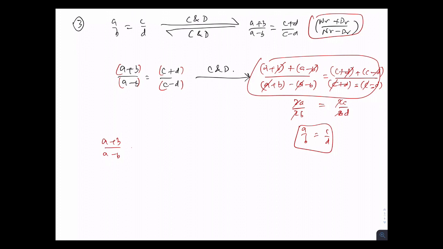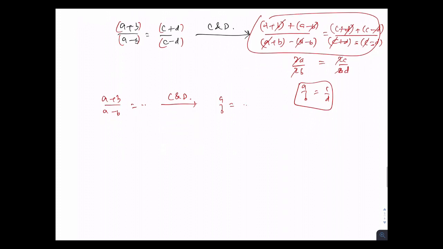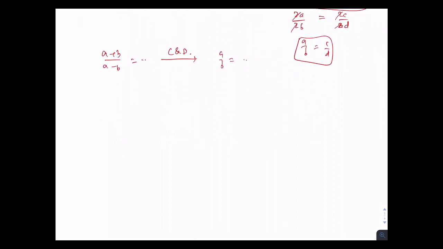If something was in this form and I apply componendo and dividendo, I got this. I'm not writing the right-hand side, things change accordingly. Now you can see what is happening. Things which have the same sign come in the numerator. Things which have opposite signs come in the denominator, but they come from the numerator. We have not written minus b here, we have written plus b, which means it has to be fetched from the numerator.